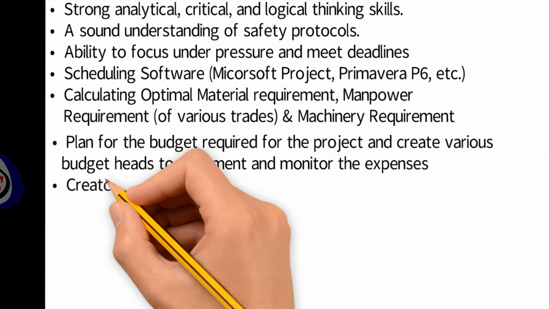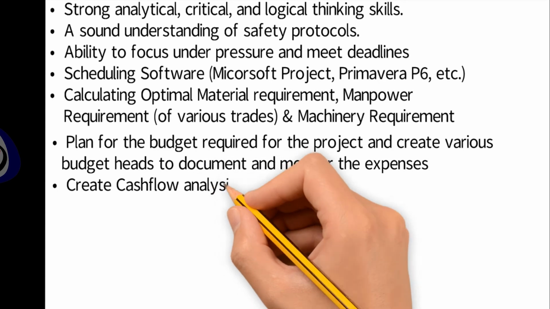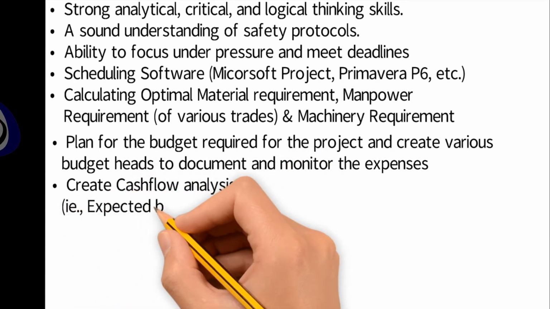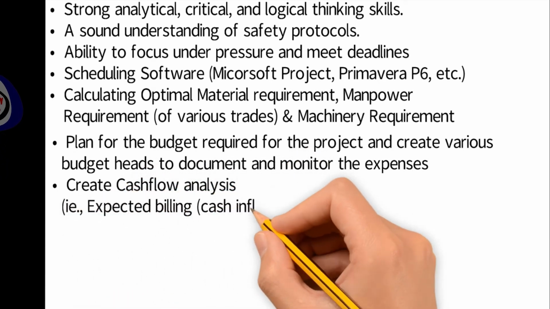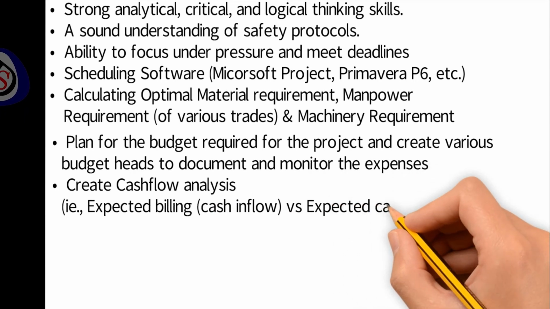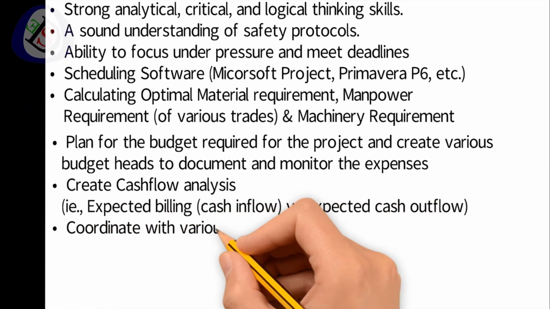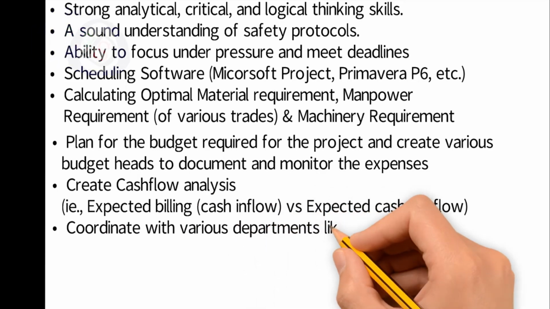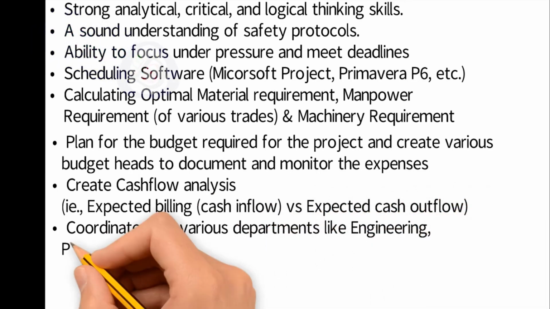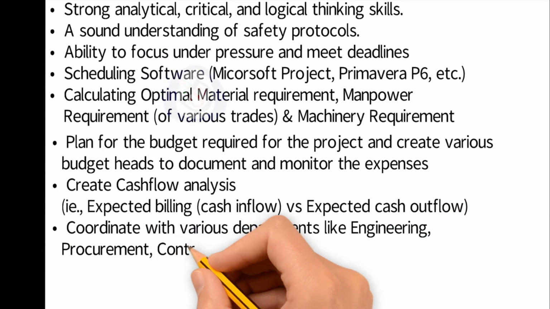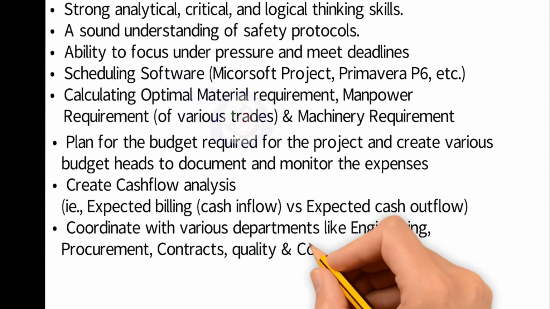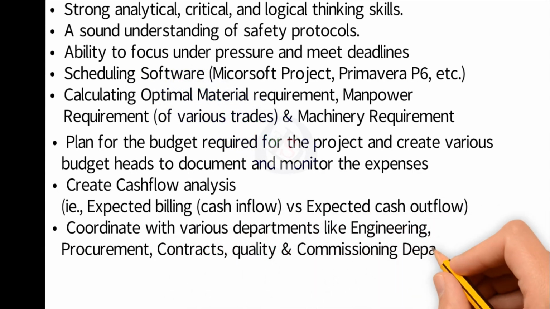Number 9, create cash flow analysis like expected billing, cash flow inflow versus expected cash outflow. Number 10, coordinate with various departments like engineering, procurement, contracts, quality, and commissioning.